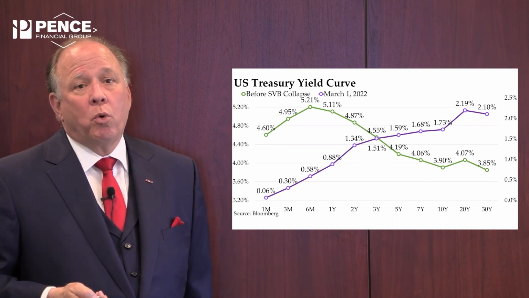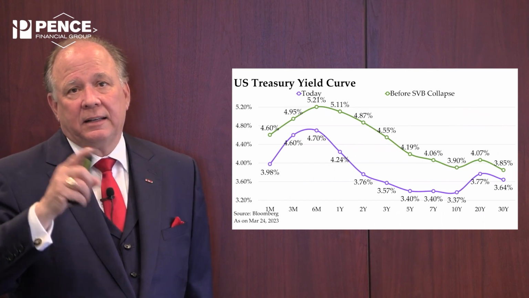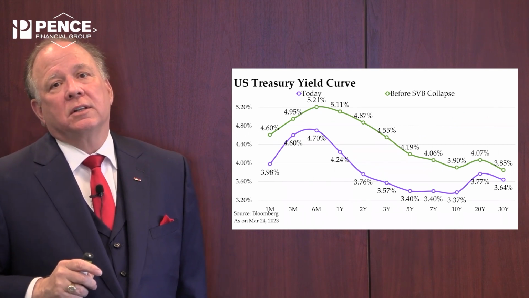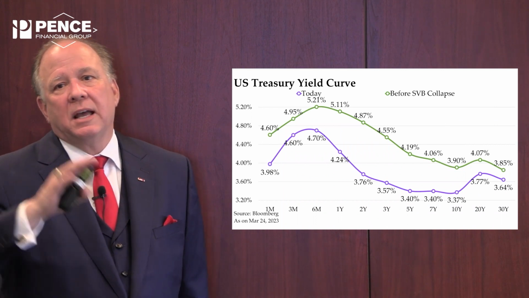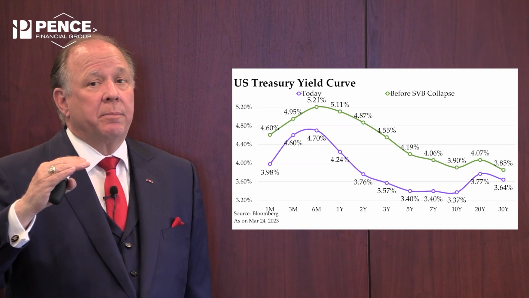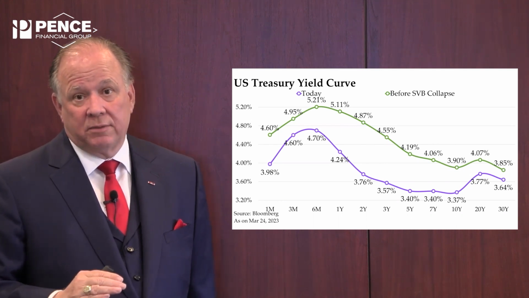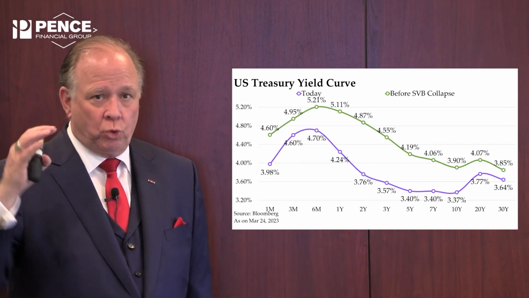The other thing that's important to recognize is that the yield curve is flattening. Here was the curve before you saw the Silicon Valley Bank collapse. We had a peak of about 5.21 in 6 months, and then it went down to 3.85. People got a little spooked when they saw that bank situation, with the curve moving down relatively dramatically, because basically everybody wanted to be shortening up their maturities.